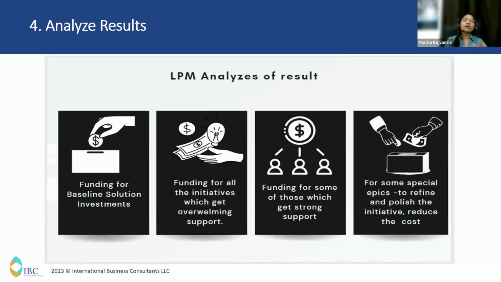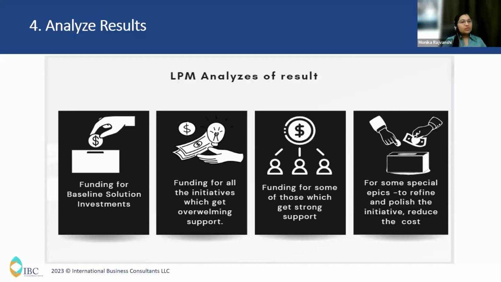We provide a little budget so that they can refine and polish the initiative, and come back after 6 months with how we can move ahead after reducing the cost of that epic. So they allocate some budget for those 6 months so that the epic owner can work again on that idea, and they close the budget. They close this participatory budget when their whole budget is exhausted.